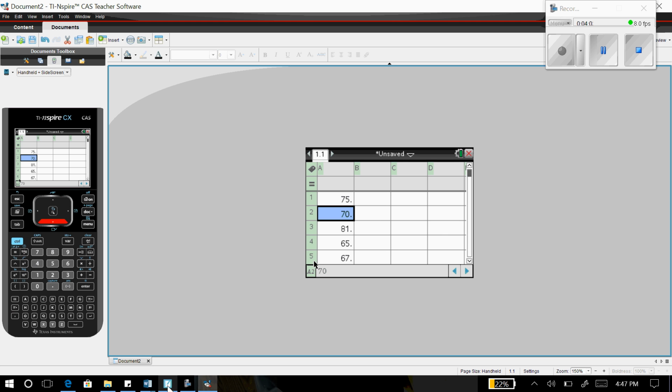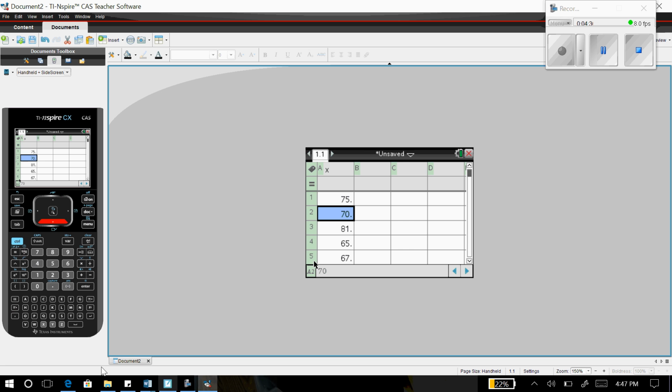So I'm going to give you a second to make sure that you're following along with me. When you have all your data in the calculator, I want you to go up to where there's an A and put an X. Okay? So at this point, all I did is I put my data in my calculator, typed them all in, and I put an X up at the top.